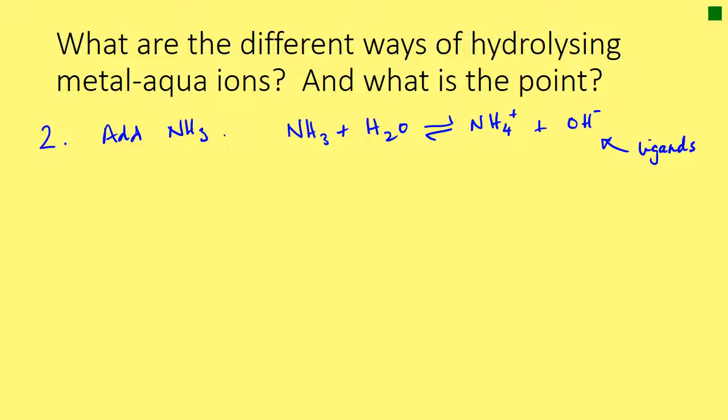So let's write out such a reaction, switching colour a little bit. Let's do it for the Fe3+ ion. It starts off with just our 6 water ligands, and we're not going to go through all 3 steps. We're going to add all 3 ammonia molecules straight up.